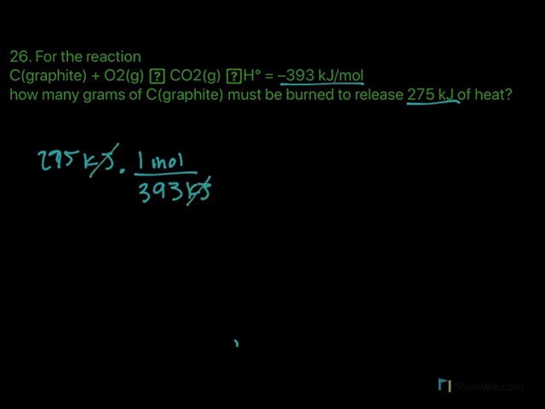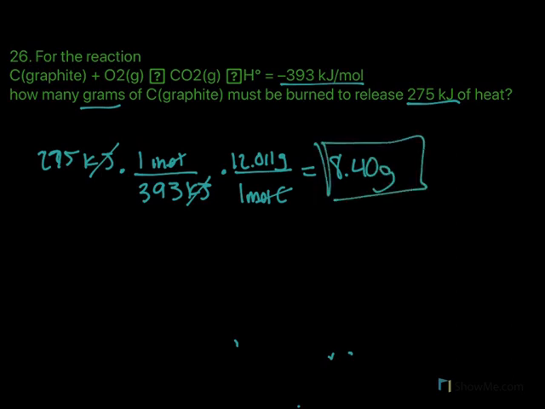That'll get rid of this unit. Now we're here with a mole, but we want grams. How do we get from moles to grams? We use our molar mass. The molar mass of carbon is 12.011 grams per mole. If we multiply this out, we will get 8.40 grams. And you can use that format for every question like this. Just go from kilojoules to moles to grams.